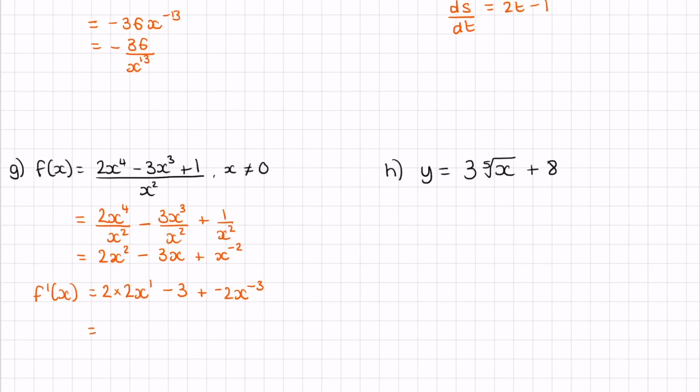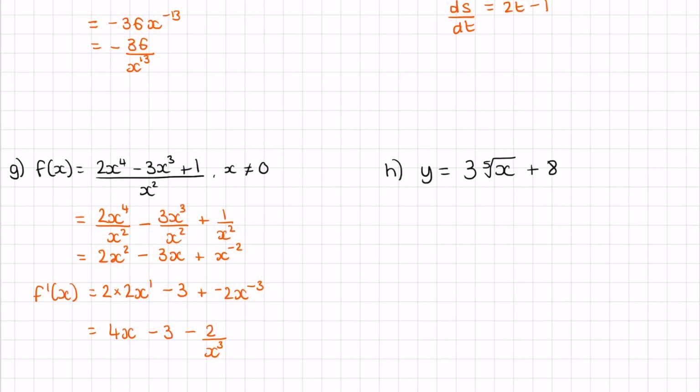And then simplify, so 2 times 2 is 4x minus 3, minus 2 to the power of x negative 3, so we can write that with a positive indice if we wish. They're not very strict on the IB with positive indices with this. If you left it as the power of negative 3, you'd still be marked correct.